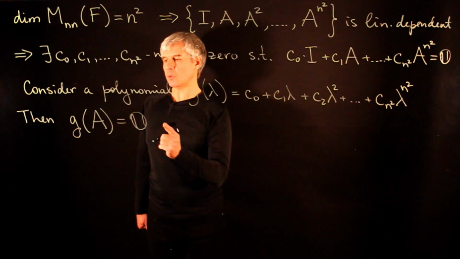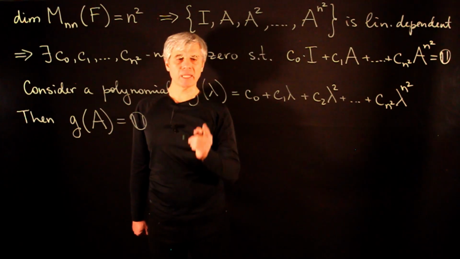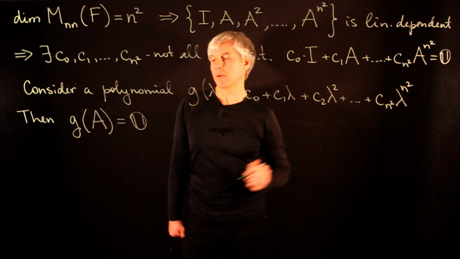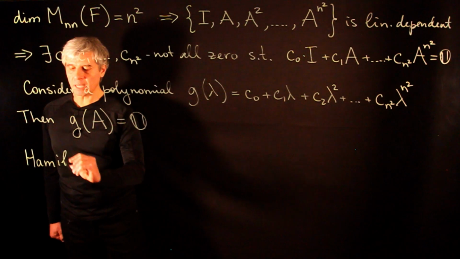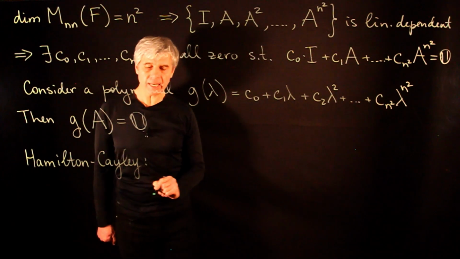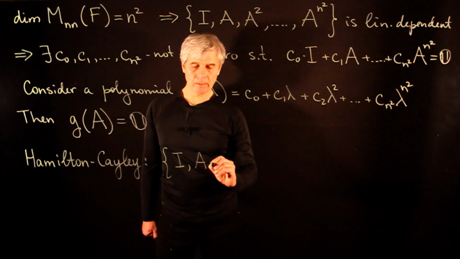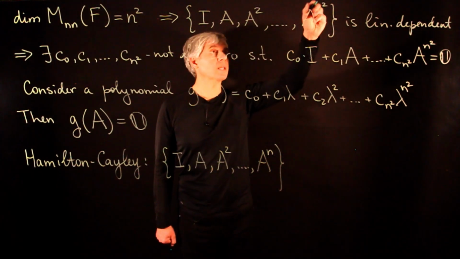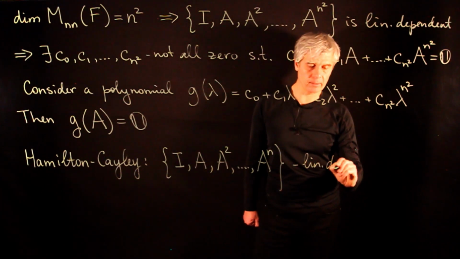What we just proved in 2 lines has the same format as the theorem of Hamilton-Cayley. But here we note that the degree of this polynomial is equal to n squared, whereas in Hamilton-Cayley we get a polynomial of degree n. So the theorem of Hamilton-Cayley says the following, that the set I, a, a squared, and up to a to the power n, not up to a to the n squared, but up to a to the power n, is linearly dependent.